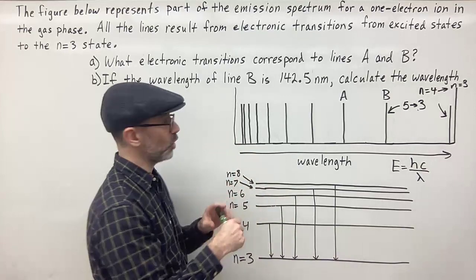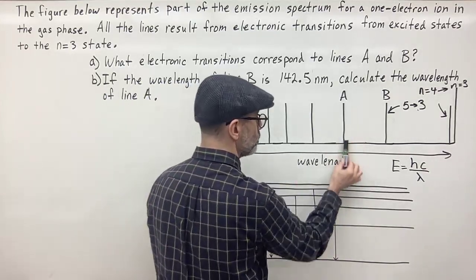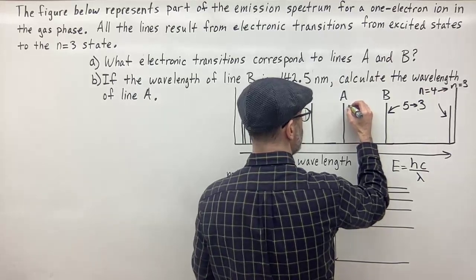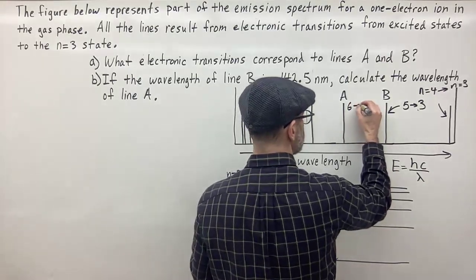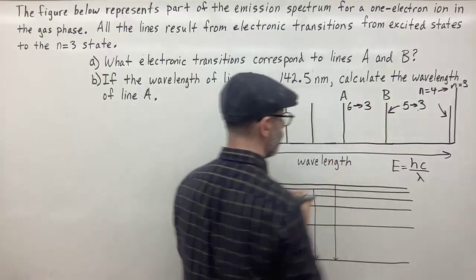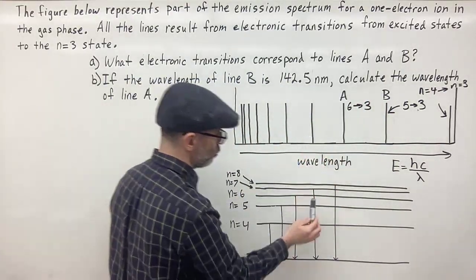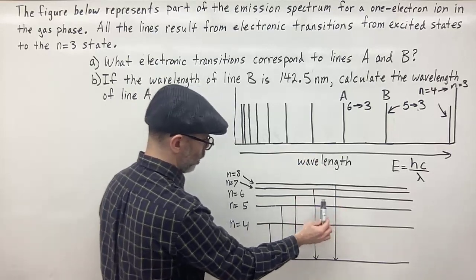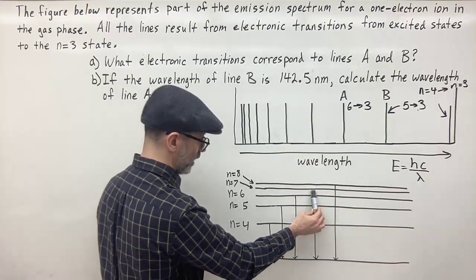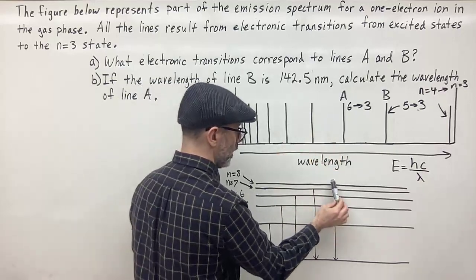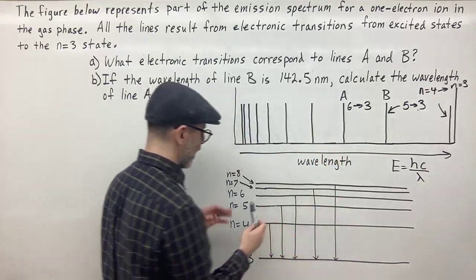That's going to be a smaller wavelength, and that's going to correspond to A. So A has to be the transition from n equals 6 to n equals 3, and so on. Then this one would correspond to the transition from n equals 7 to n equals 3, and this one would correspond to n equals 8 to n equals 3, and so on.